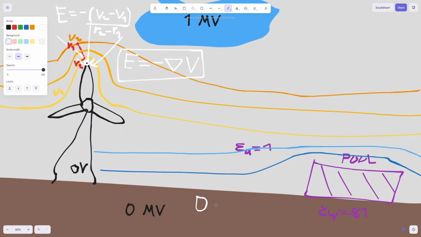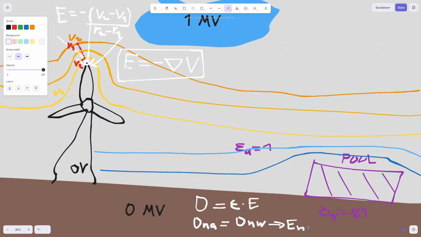But something interesting happens inside the pool. And this is because of the relation between the flux density D and the electric field, as you can see here. So the flux density is equal to the permittivity times the electric field strength. And at the boundary, as we had from Gauss's law, we know that the flux density is equal across the boundary.